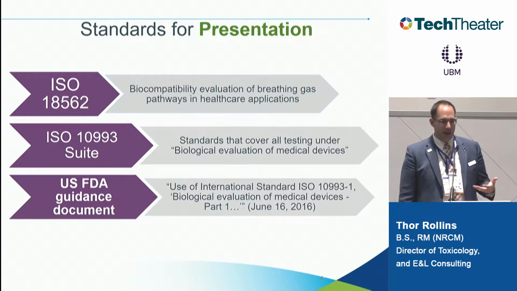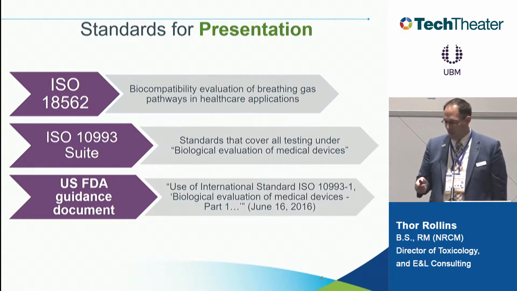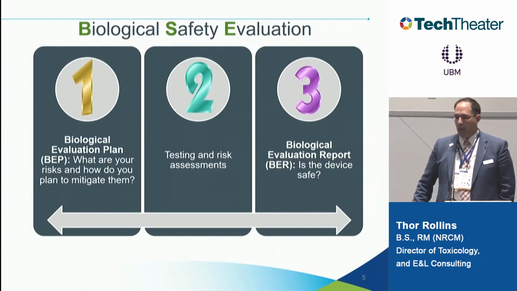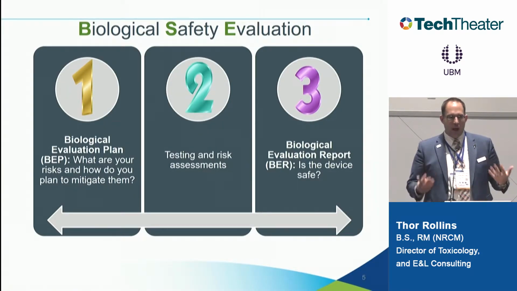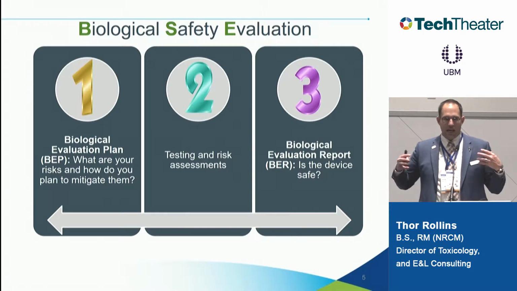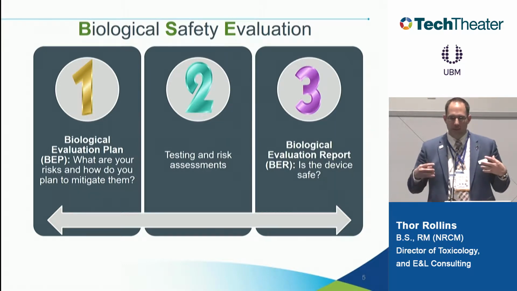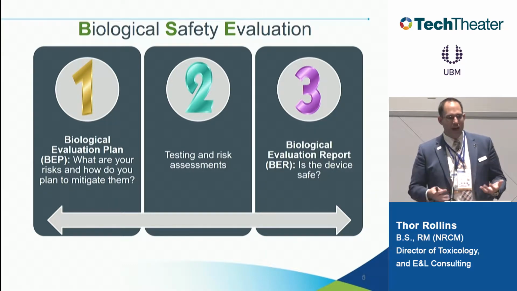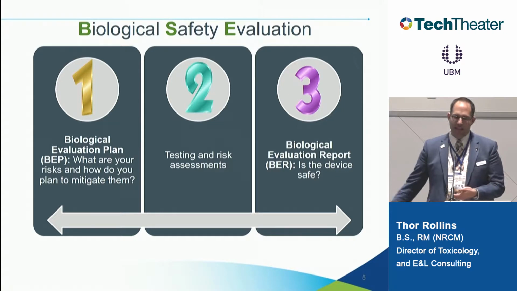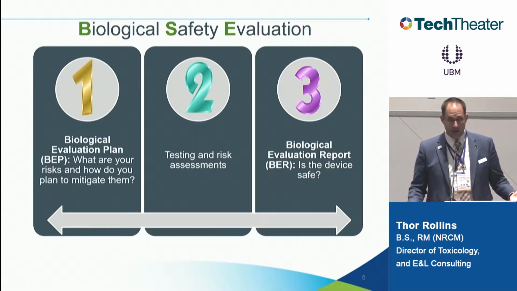They have guidance in there on how they like to see gas path devices. But just like all biocompatibility, this new gas path standard relies on a risk-based approach. And it's something that we have to take into account when we're evaluating the biocompatibility, not just of gas path devices, but of every medical device.